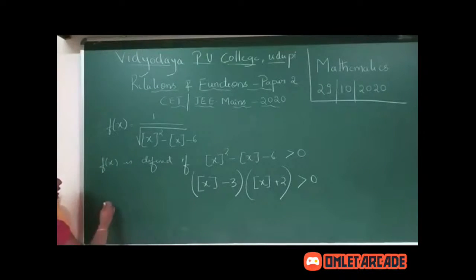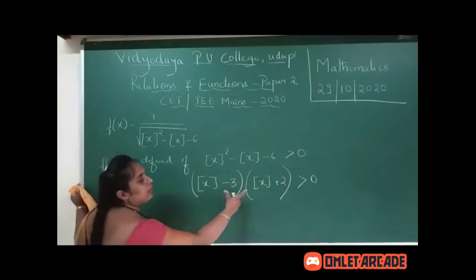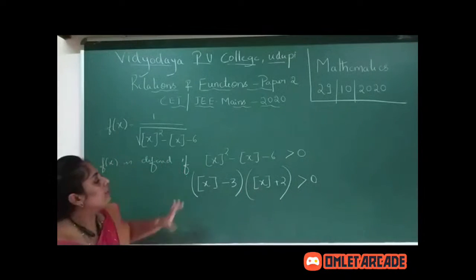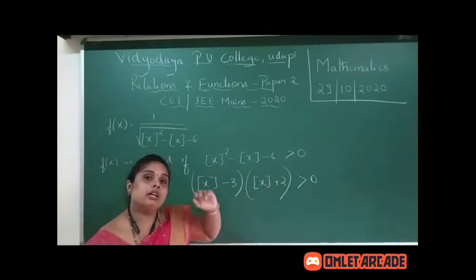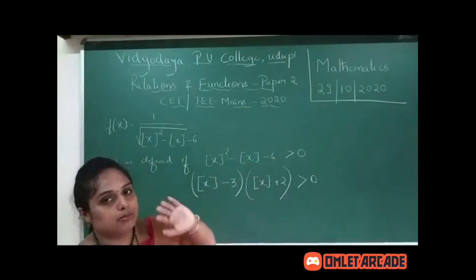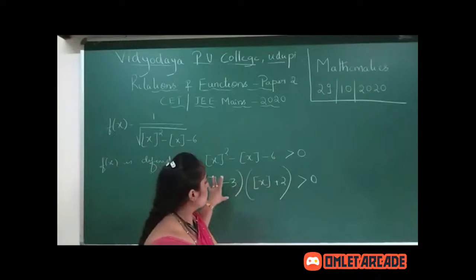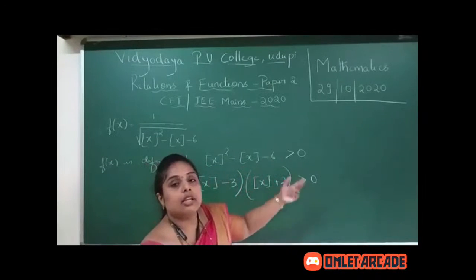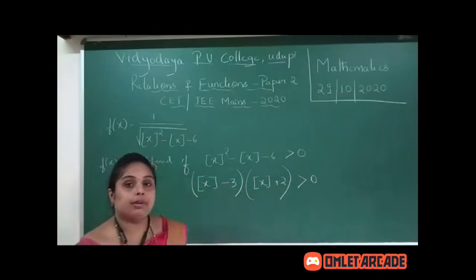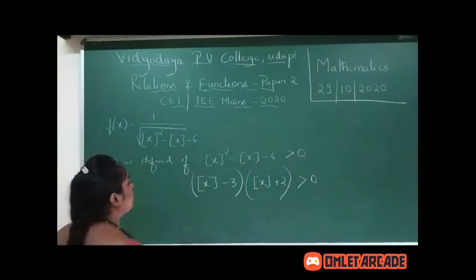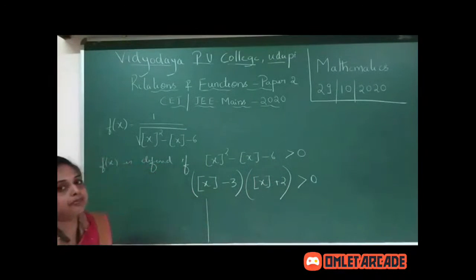So what are they? One is this is positive and this is positive; positive into positive is greater than 0. Or this is negative and this is negative; this is less than 0, this is less than 0, then also it is greater than 0. So a total of two cases will arise here.